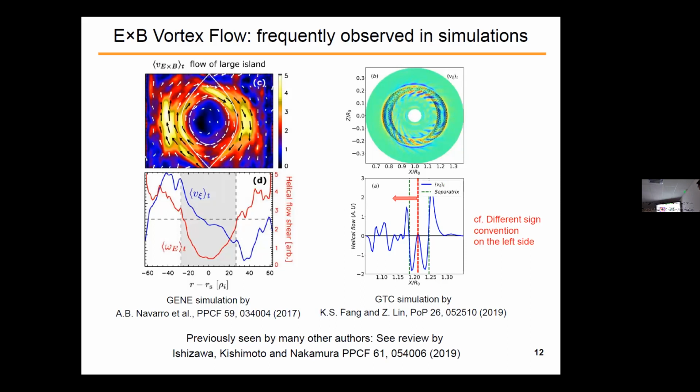While this is a bit confusing, basically they are qualitatively similar for a large-size island. This is confusing because the GTC team in Beijing and the GTC team in California couldn't agree on the sign conventions.